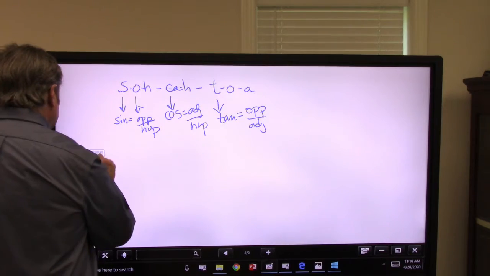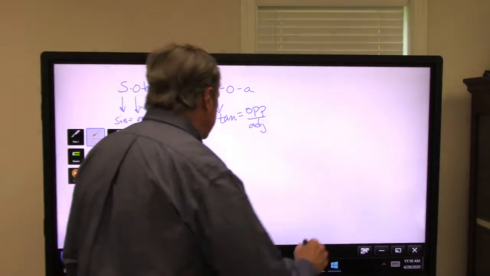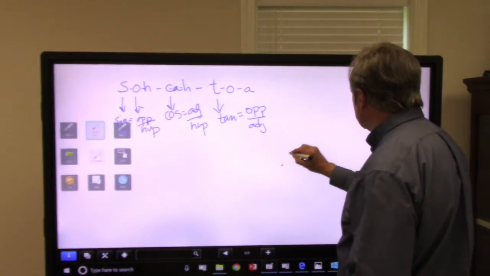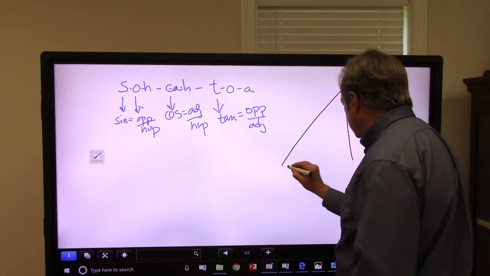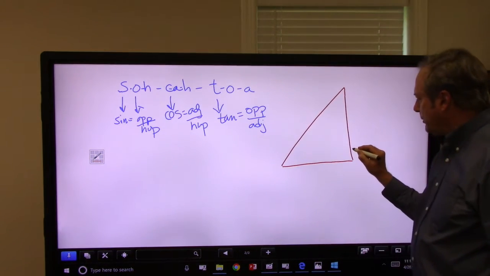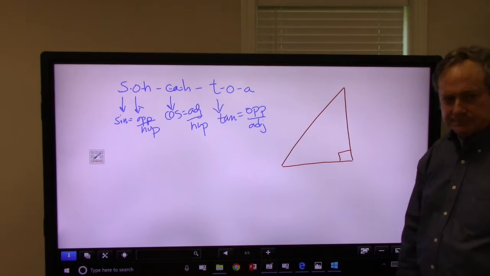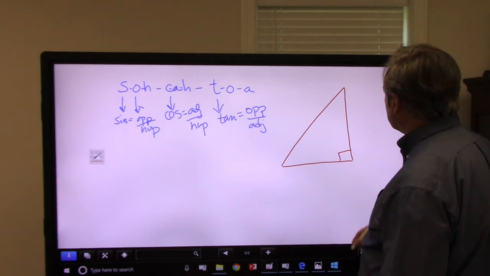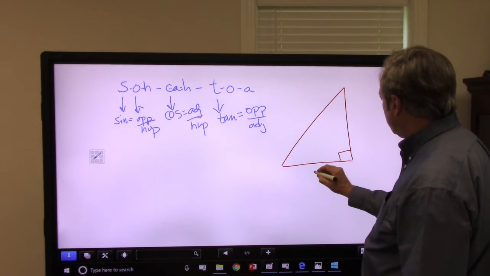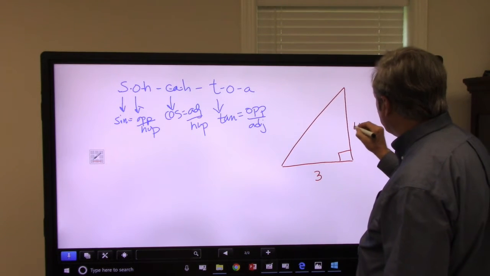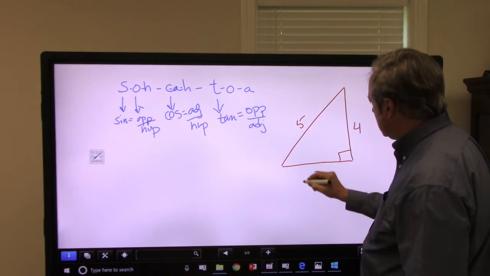So let me draw a nice red triangle here. Again, this is only applying to right triangles. And let's call this 3, 4, and 5.